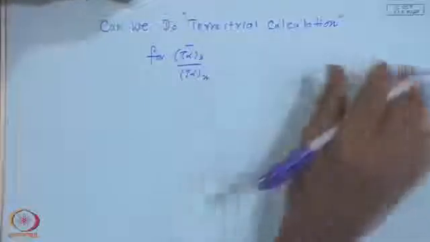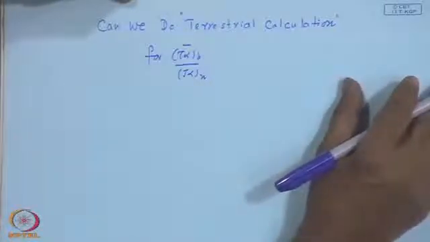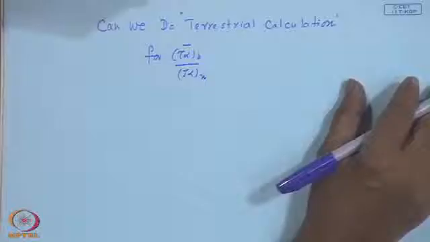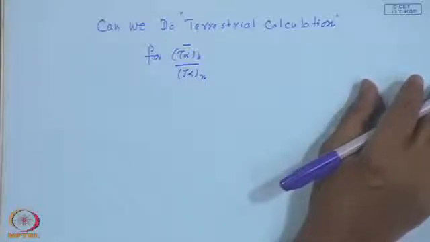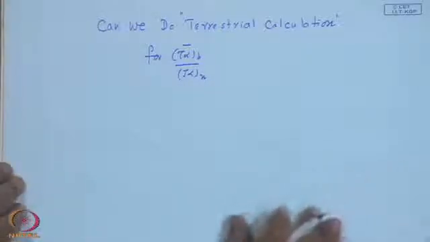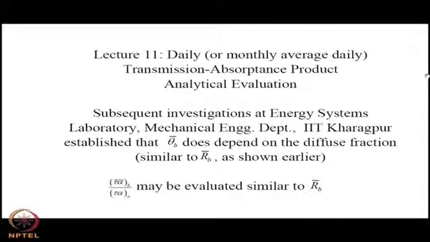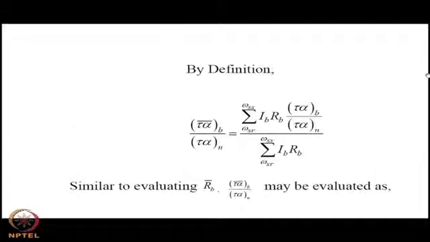Same question that will be coming to us, can we calculate tau alpha bar b upon tau alpha n under terrestrial conditions like we have done R b bar t? So, the answer is we may envisage little mathematical difficulties in terms of integration etcetera, but in principle it should be possible by using even your R t and R d correlations.